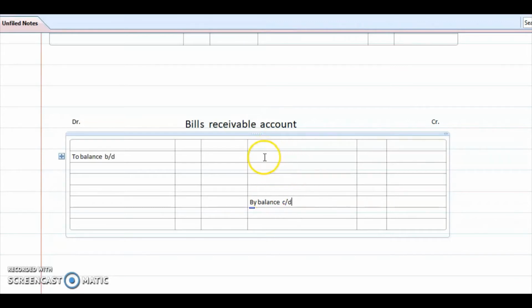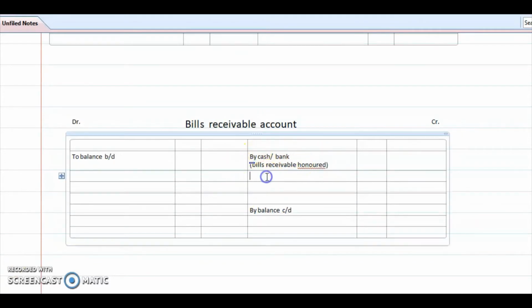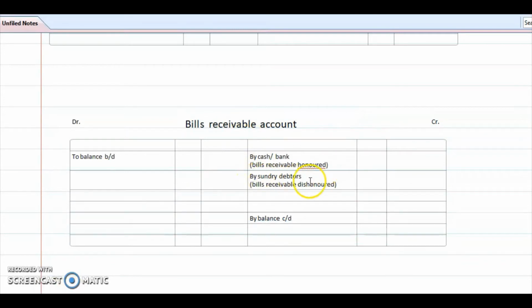Then cash or bank, this bills receivable honored. So by cash or bank, bills receivable honored. Then another item, by sundry debtors, bills receivable dishonored.